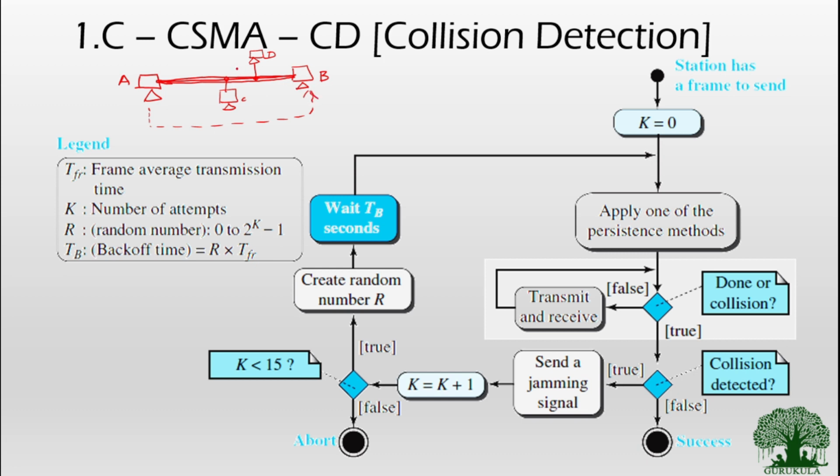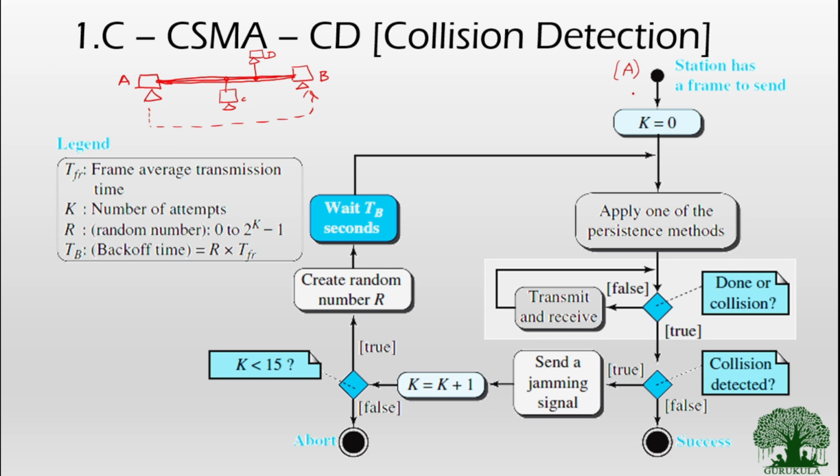Based on the CSMA CD algorithm, what are the various steps that will be initiated before sending the frame is what we are going to discuss in this video. Here we have station A, which we will call the transmitting station.